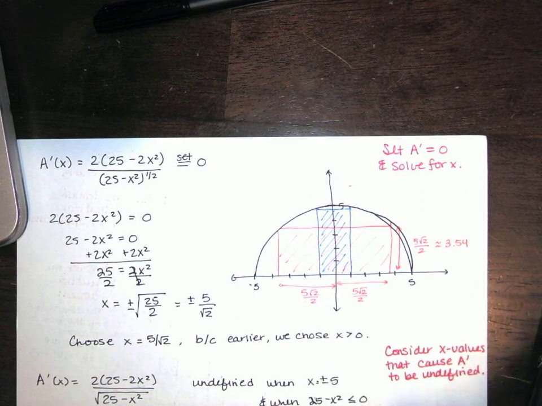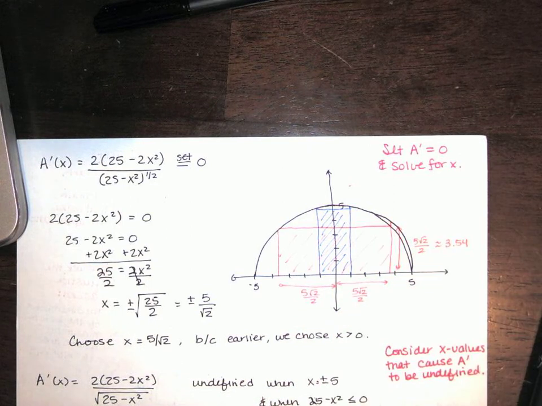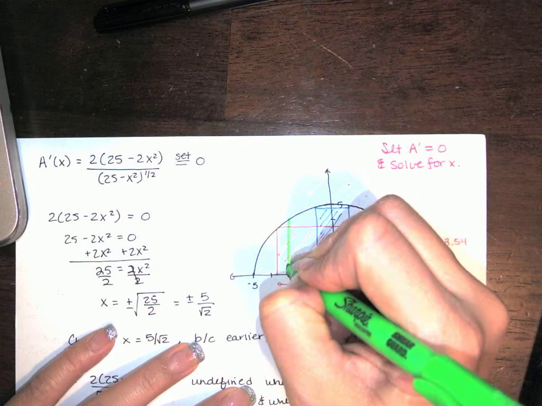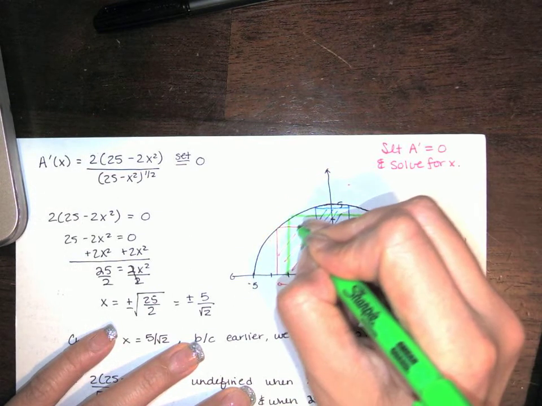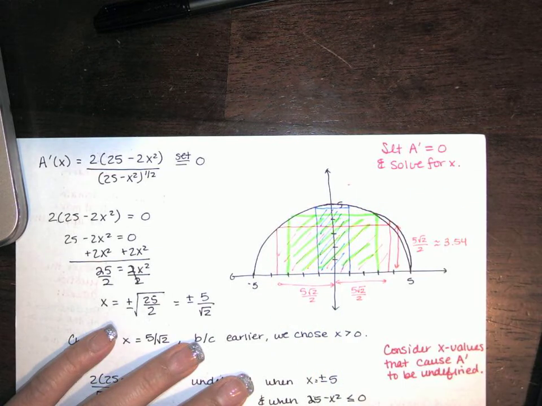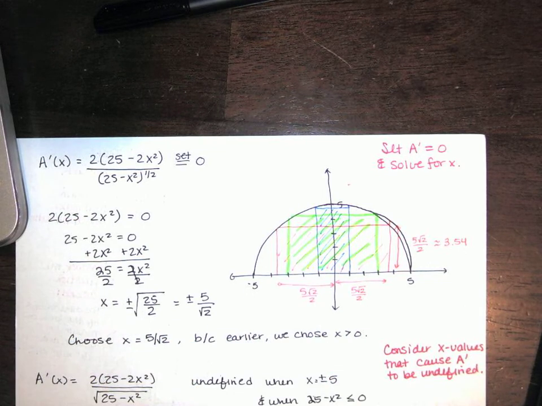Or you could choose a different value for x. Maybe x goes from, let's say, just -3 to 3, which is a little closer. So we look at that area. Apparently that green area is less than the area of that red rectangle.